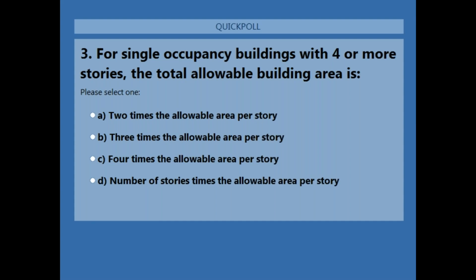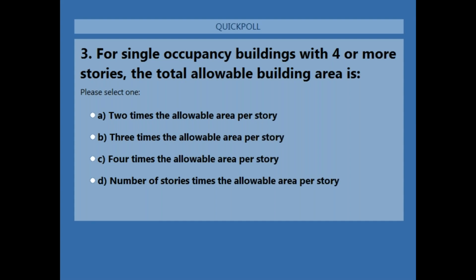Okay. For single occupancy buildings with 4 or more stories, the total allowable building area is 2 times the allowable area per story, or 3 times the allowable area per story, or 4 times, or the number of stories times the allowable area per story. All right, this one is harder because we're a little bit more scattered over the 4 answers.